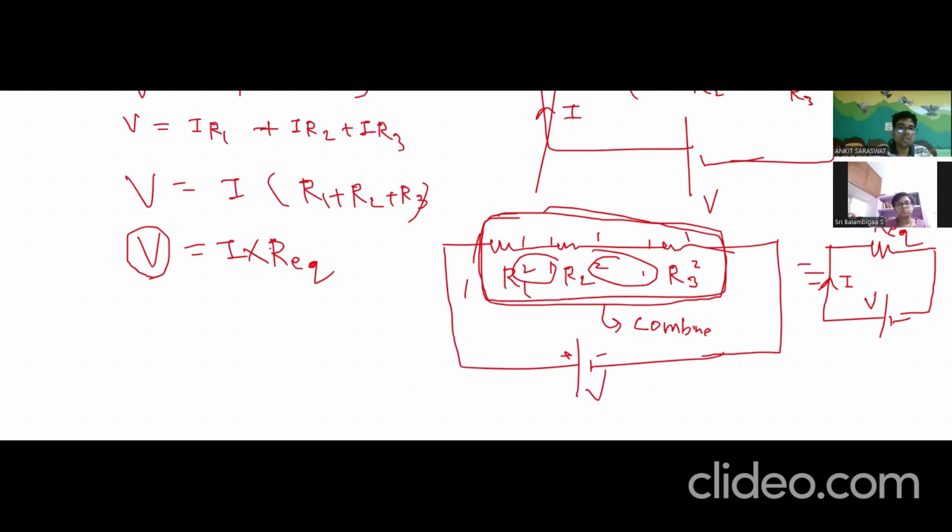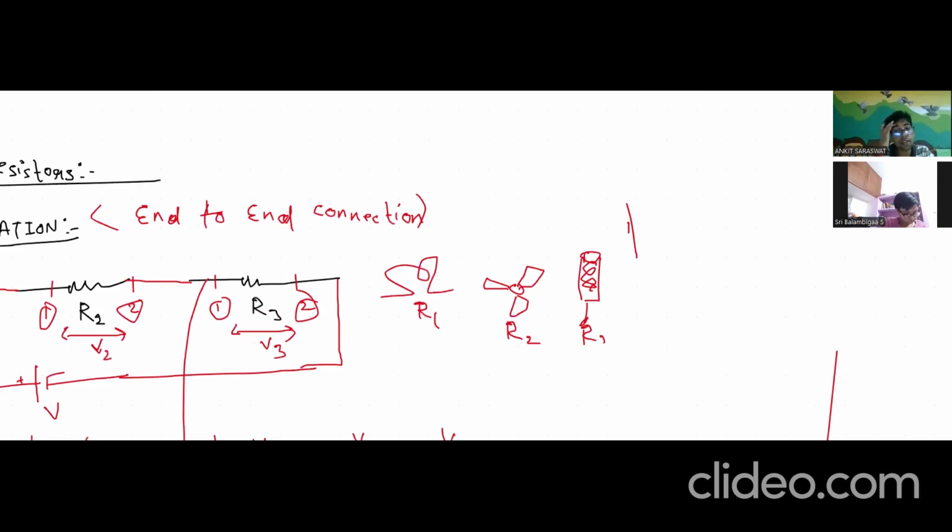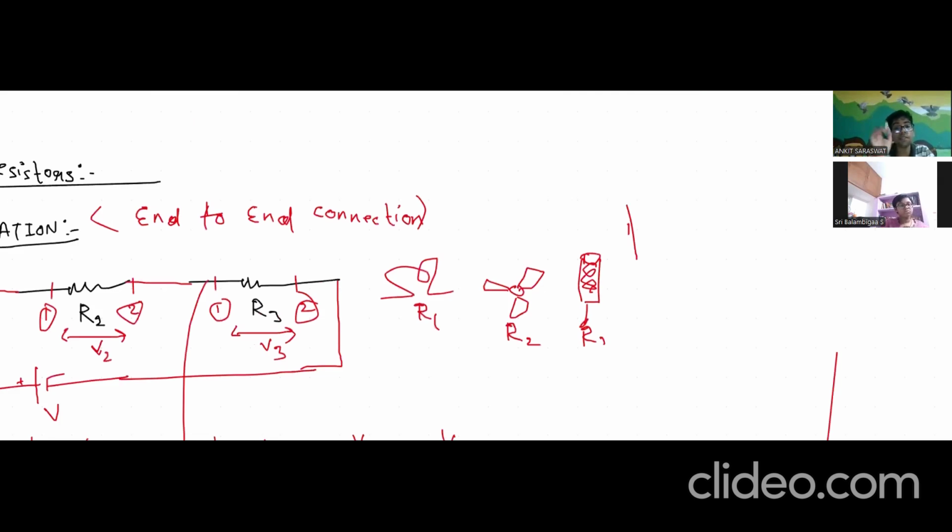Clear? Series combination. Now, one disadvantage of this is what? For example, here a tube light, a fan, and another tube light are all connected in series.